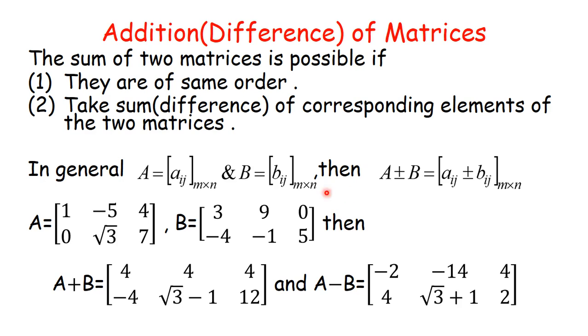A simple illustration is like this. Suppose matrix A is given of 2 by 3 order, and matrix B is also of 2 by 3 order. Then we can easily add the corresponding elements, and we can take the difference of the corresponding elements, and the respective matrices are given below.